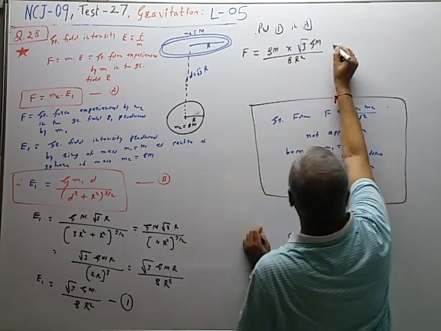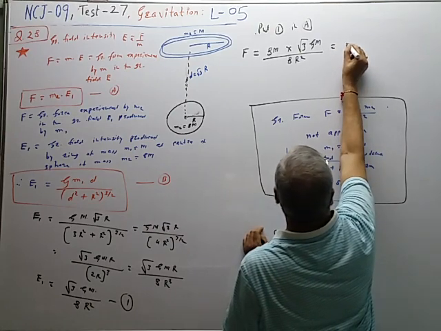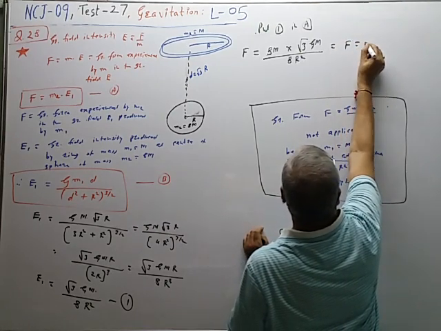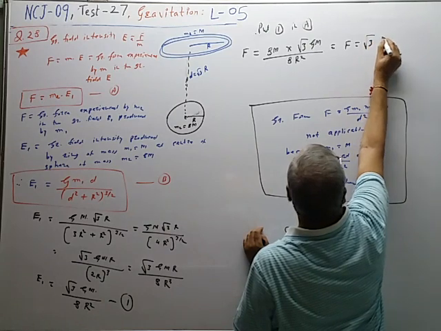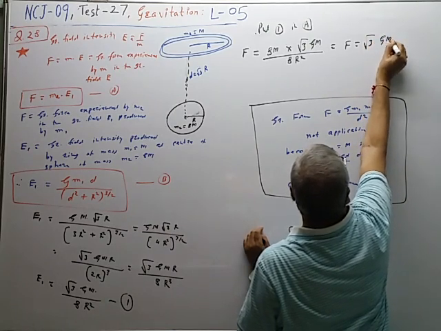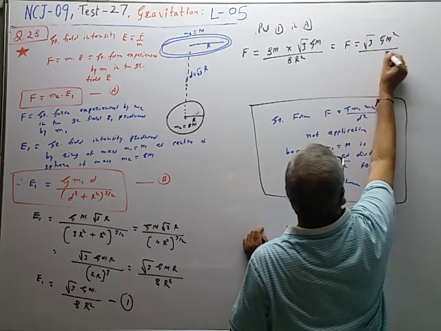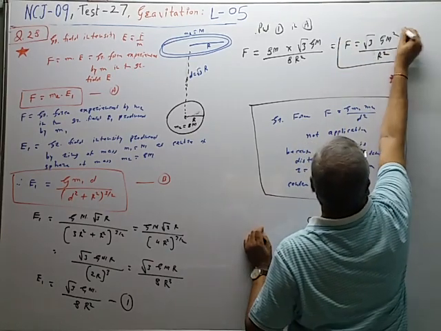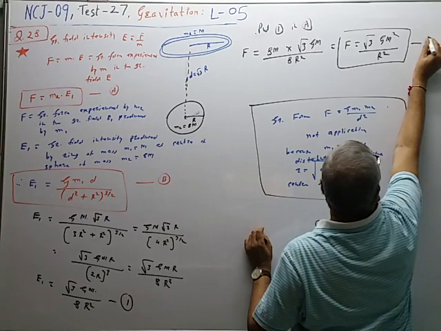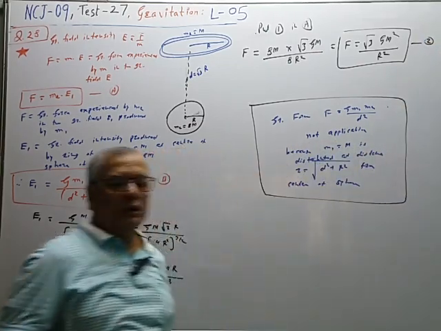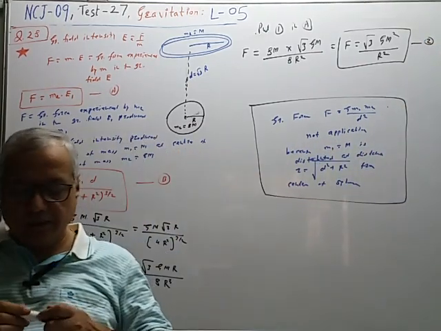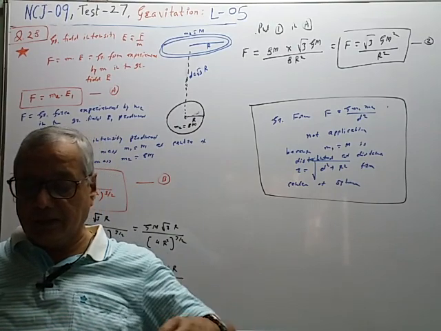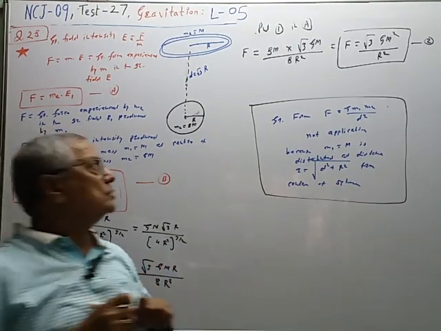So 8 will get cancelled. So this is equal to F is equal to root 3 G M square upon R square. Equation is dimensionally correct. There is a M square in the numerator and R square in the denominator. So the correct place is B.